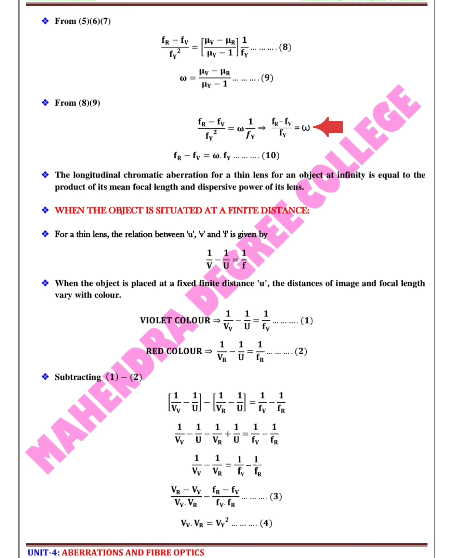On the left hand side the denominator Fy square, and on the right hand side the denominator Fy cancelled out, remaining one Fy in the left hand side denominator. Finally, we get (Fr minus Fv) by Fy equals omega.